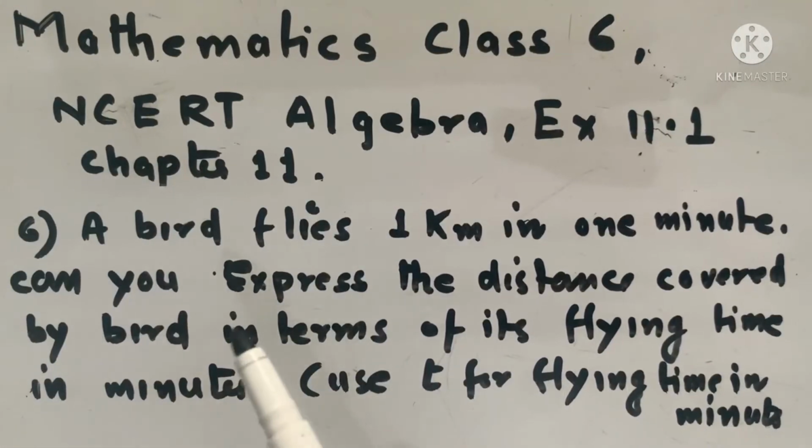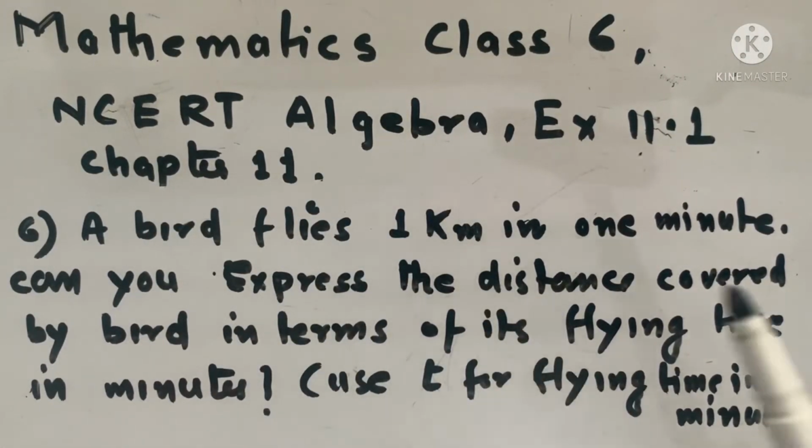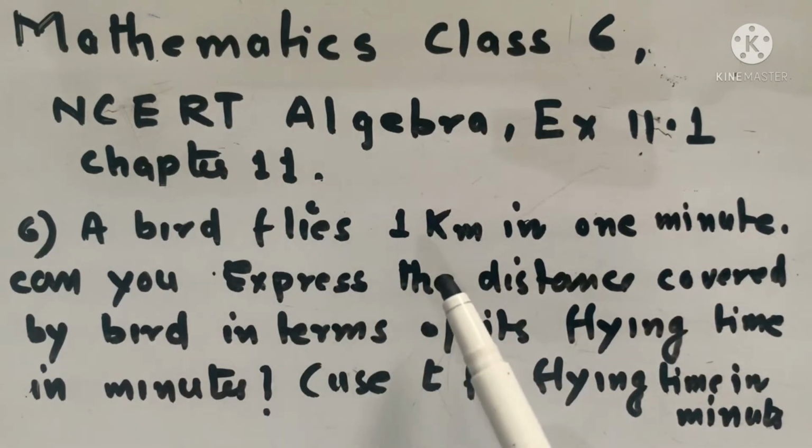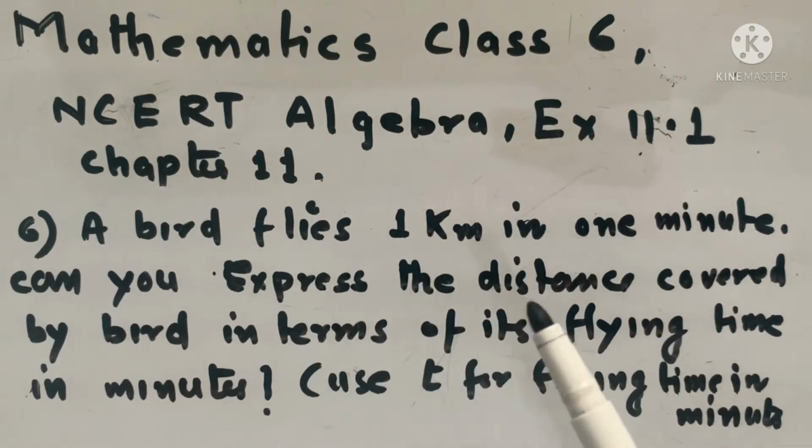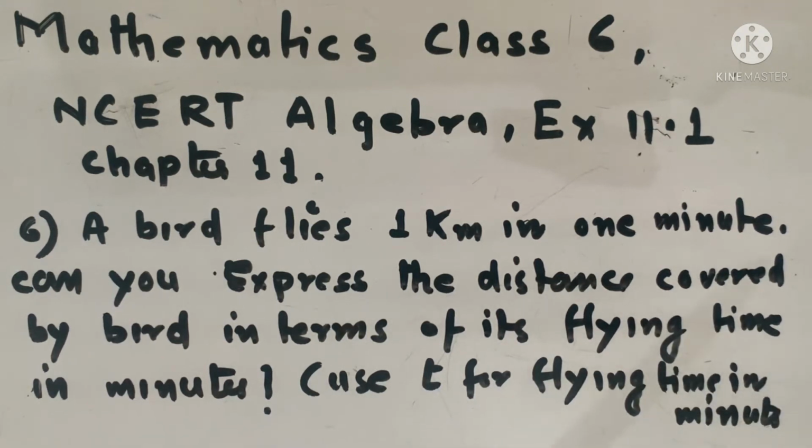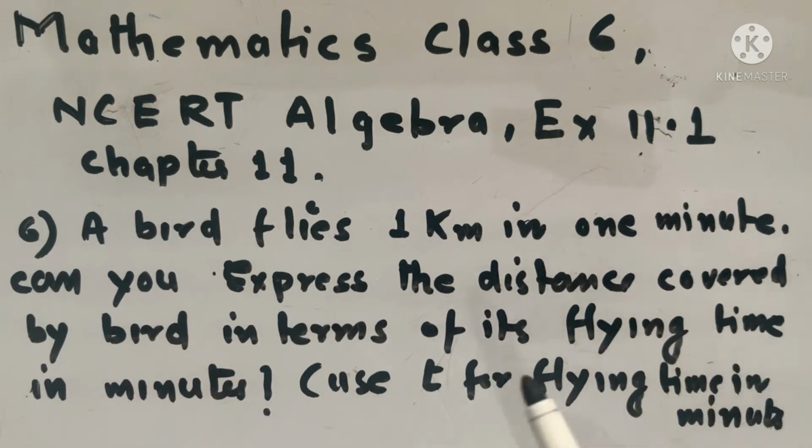Question number 6. It is given that a bird flies 1 kilometer in 1 minute. That is, the distance covered in 1 minute is 1 kilometer. Can you express the distance covered by the bird in terms of its flying time in minutes? Use T for flying time.